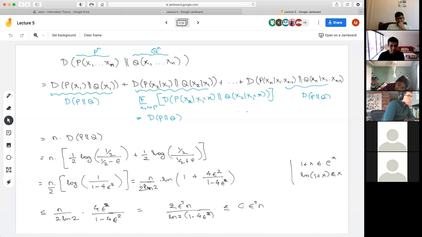Doesn't matter. If you calculated Q and P, if you flip this, this will also be some other constant potentially times epsilon square n, but the epsilon square is the interesting thing to remember. N we already derived earlier. All right, so that's just the bound that we get on the KL divergence.